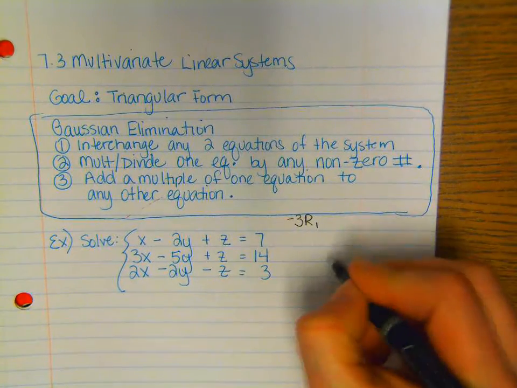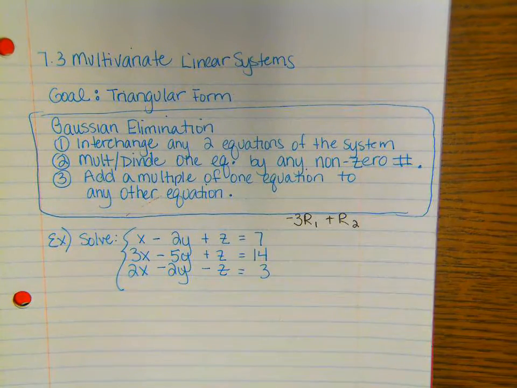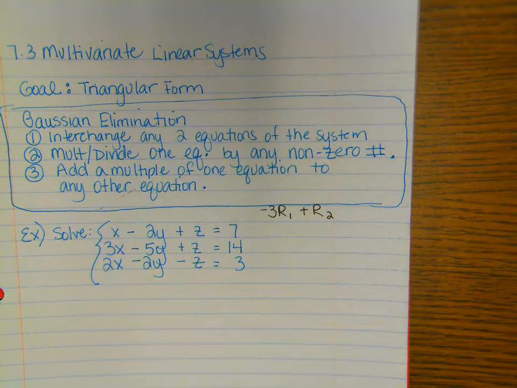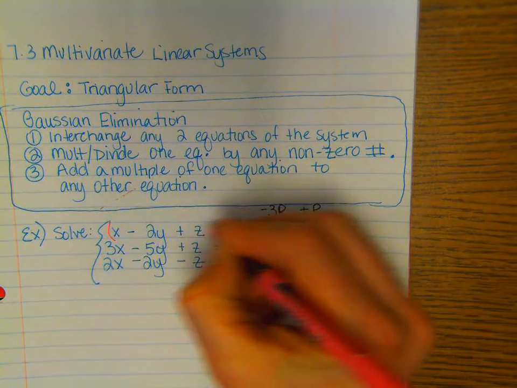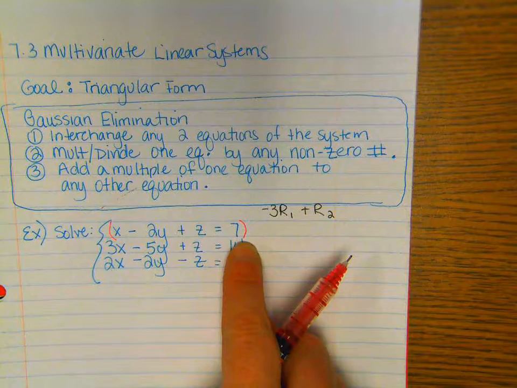And I'm going to do my little work over here. Do you see how I put parentheses around the whole thing? Multiply the whole row. Alright, so would you tell me then, what is negative 3 times row 1?